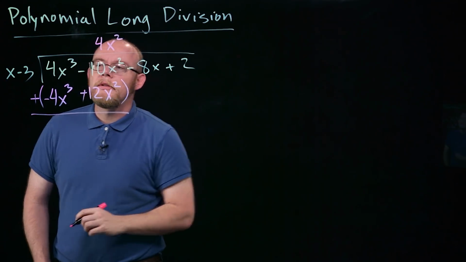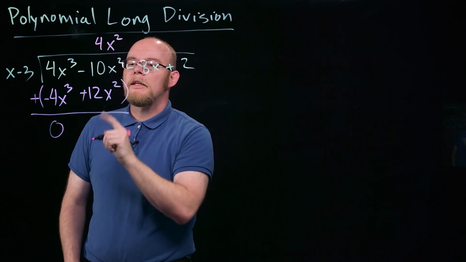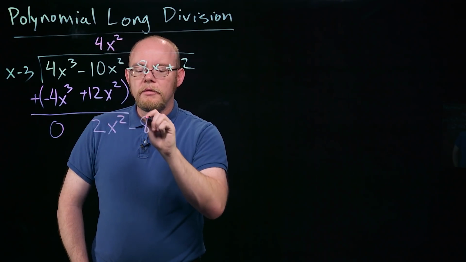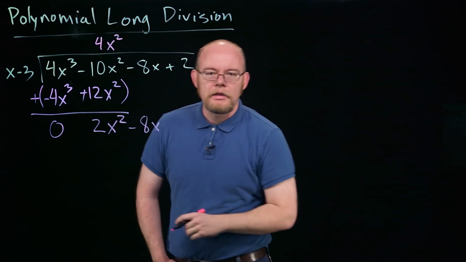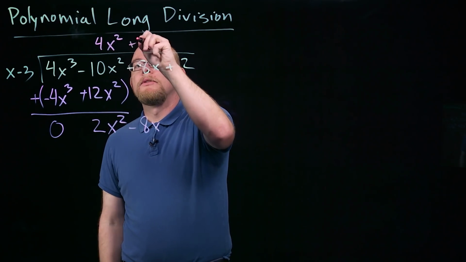And then I go through and do this. So 4x cubed minus 4x cubed is 0. Negative 10x squared plus 12x squared is 2x squared. And then what we're going to do next is we drop the next bit, 8x. So we repeat. How many times does x go into 2x squared? That is 2x times.